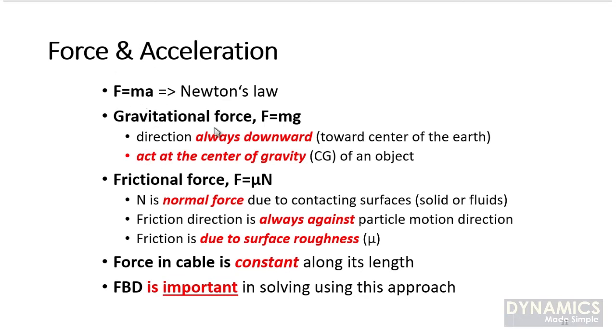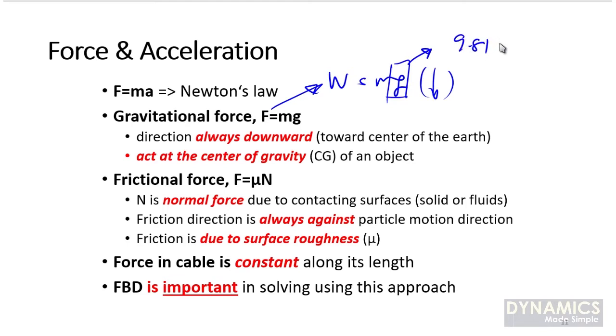And in using F equals ma, we will be seeing this a lot, which is our gravitational force, or normally termed as our weight, equals mg. Okay, and weight will always be acting downward, while our g, which is the gravitational acceleration, will always be taken equals to 9.81.